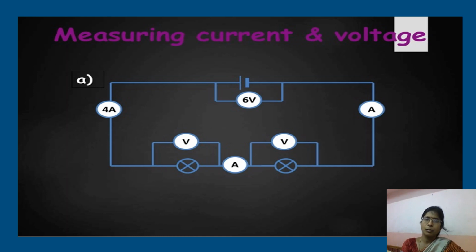Now what about voltage? In a series circuit, current remains the same and voltage is shared between the components. So here, what is the voltage across the circuit? It is 6 volts, and this 6 volts is divided between these two components. So how much should it be? 3 volts and 3 volts.